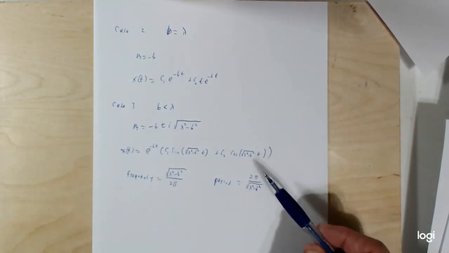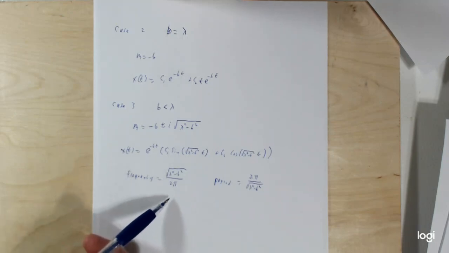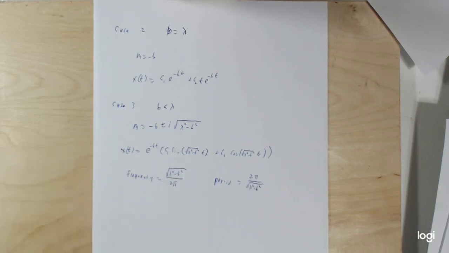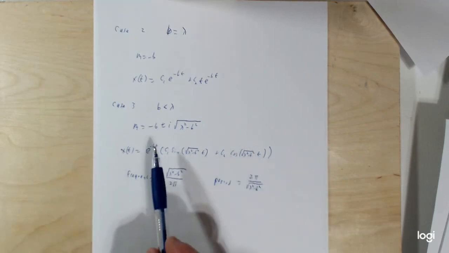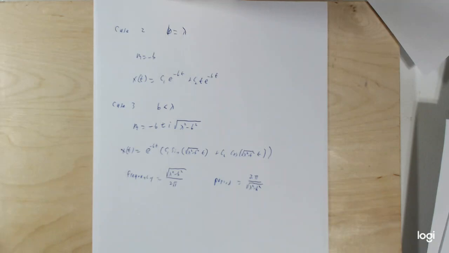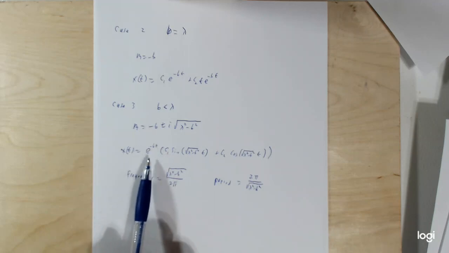Now, if you think about what's happening here, again, b is representing our friction term. So when b is 0, we get the exact same formulas as we had for the undamped case, because this becomes a sine of lambda t, a cosine of lambda t, and e to the 0 t is just 1. However, when we have this damping term out here, we get this exponential decay here.